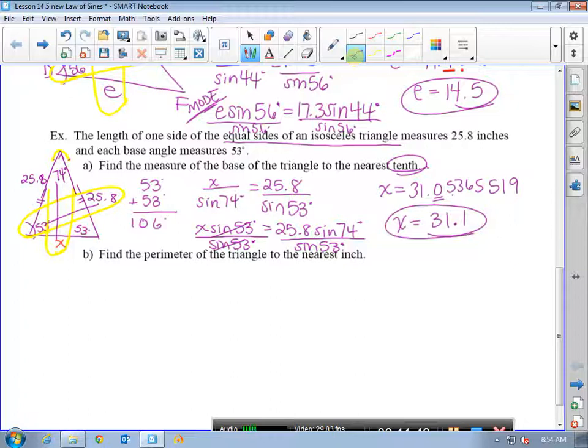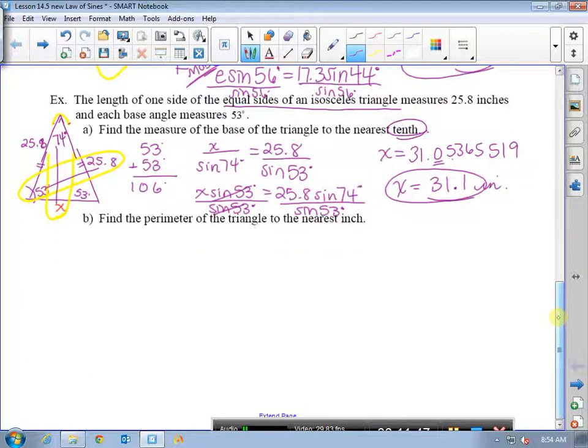And 31.1 inches. Part 2 of the problem says find the perimeter of the triangle to the nearest inch. All right, perimeter means to add all the sides. So let's do that. We've got our 25.8 plus 25.8 plus 31.1.